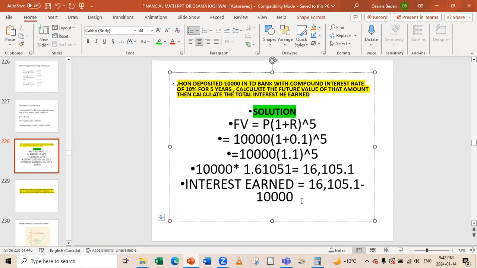That will give me 6,105.1. This is actually what I earned as interest, and this was the second thing which we asked for: calculate the total interest earned. That is the second part.